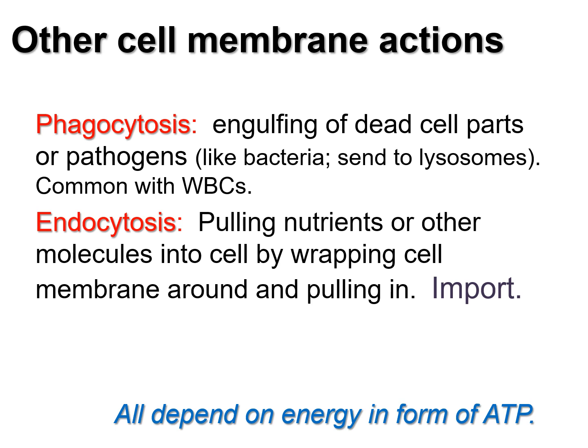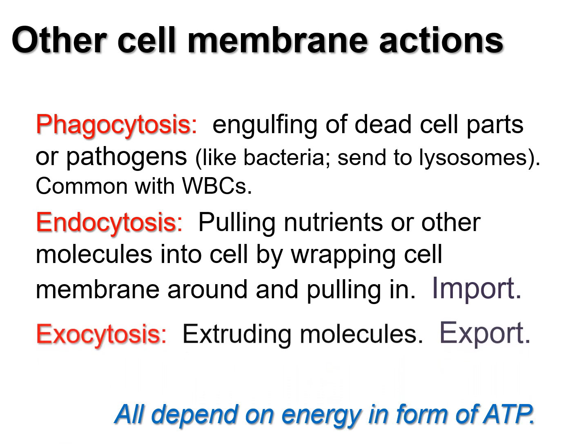Sorry for the confusion. Then we have exocytosis. This is where we are taking vesicles from inside the cell and sending them to the cell surface for export. Again, all these things require ATP. So again, just a short little 2-3 word phrase should be enough to help remind you what these things are. Okay, that's the goal.